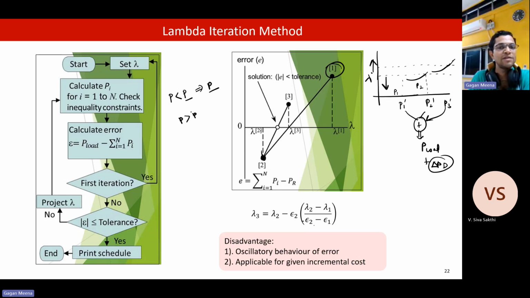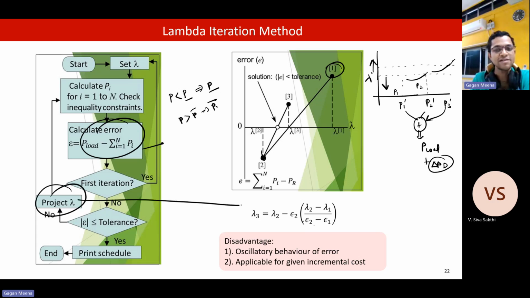If it goes above, then make it the maximum value, update the rest of the values and calculate this error. If it is the first iteration, then set lambda, okay? If no, then check whether the error is within tolerance. If no, then project lambda.